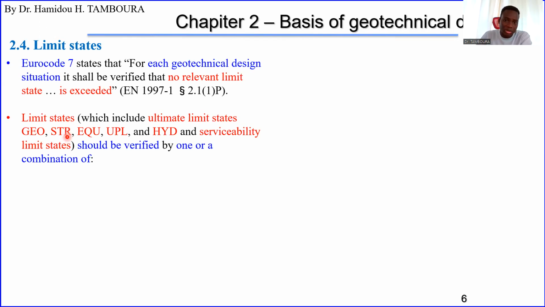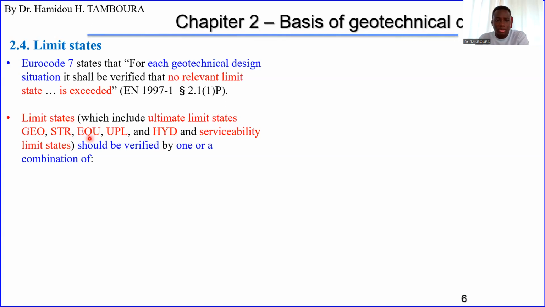For example, in the case of foundation, your structure will be the foundation, shallow foundation or deep foundation. This one means equilibrium, this one is the uplift limit state, and this one is about hydraulic failure. Those are the ultimate limit states, and then comes the service limit state.